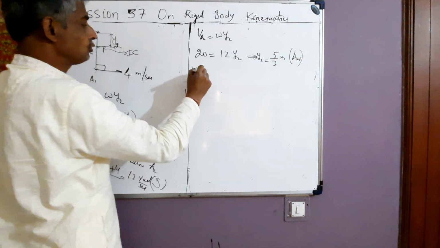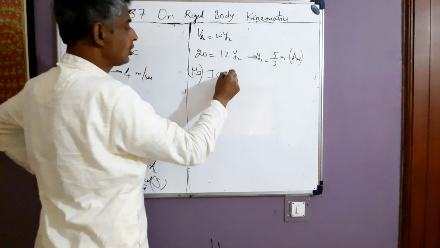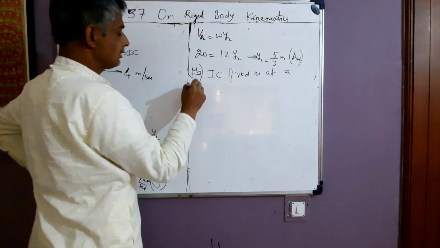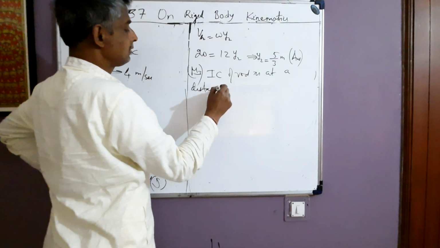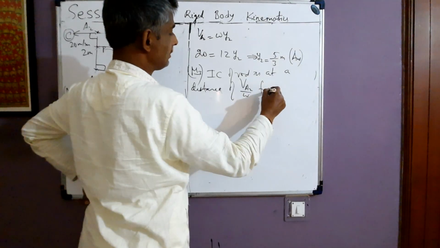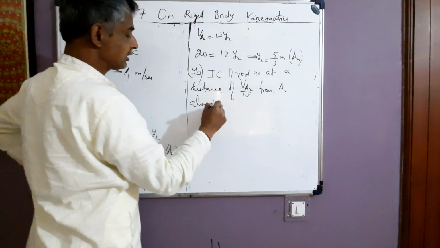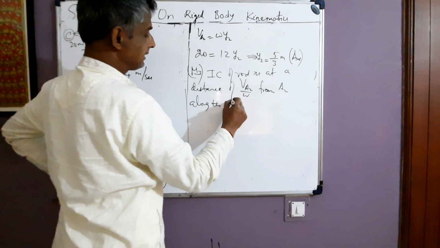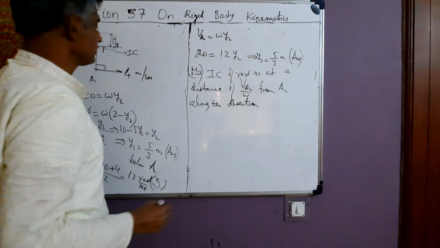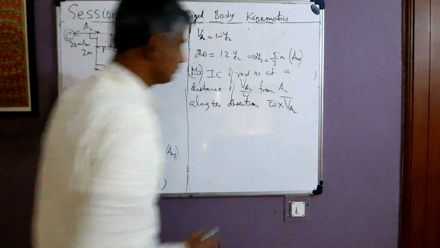Now method 3. We apply this formula: the IC of the rod is at a distance of VA2 by omega from A2, along the direction omega cross VA2.